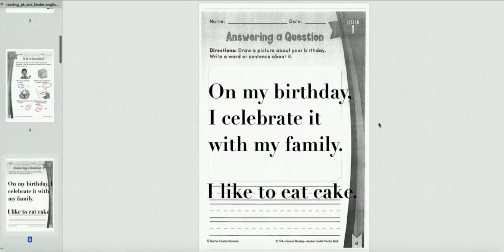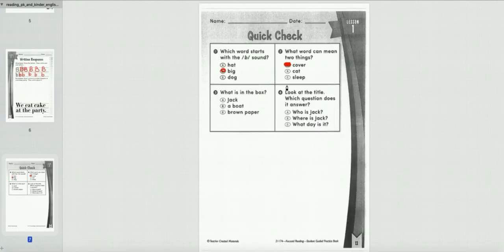It says, "Happy birthday, Jack." So what did he find inside the box? A boat. So what is in the box? Jack, a boat, or brown paper? A boat.